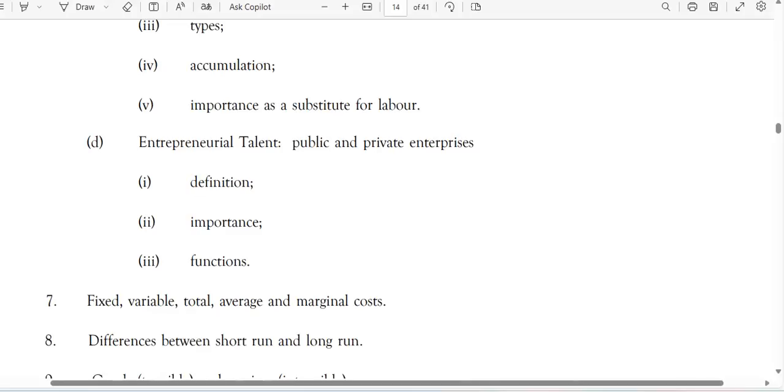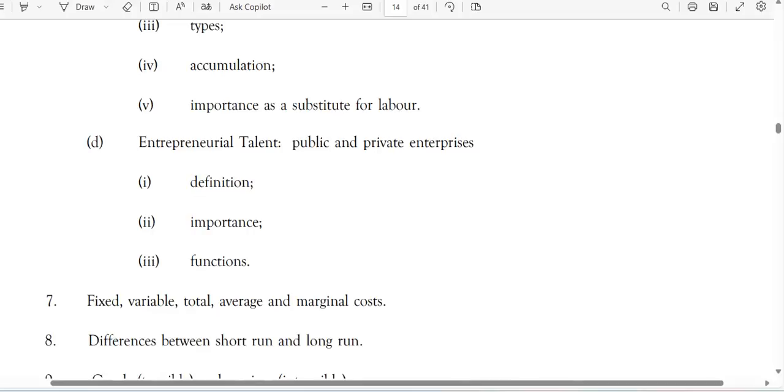Now, what is the importance of entrepreneurial talent? All right, so one, it combines resources efficiently. Two, it drives economic growth by starting and expanding businesses. Three, encourages innovation and use of technology. Another importance is that it provides employment opportunities and enhances productivity and competitiveness.